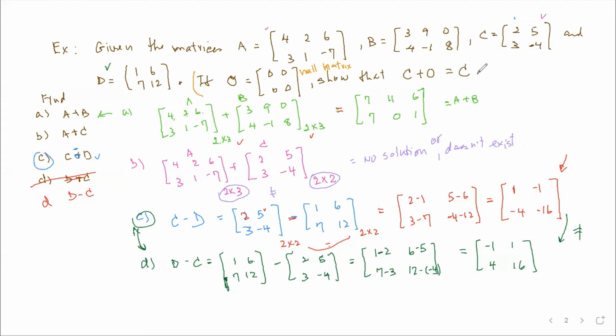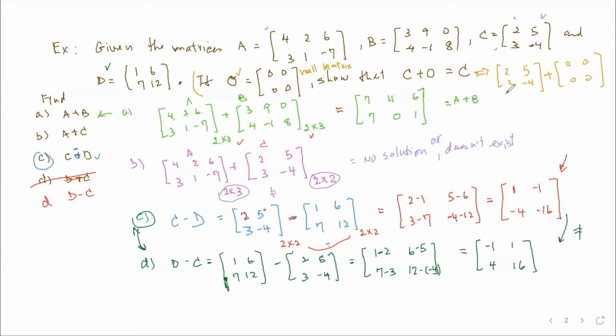So I wrote this down here. You write down C, which is on the top here. C is 2, 5, 3, minus 4. Plus matrix O, which is 0, 0, 0, 0.